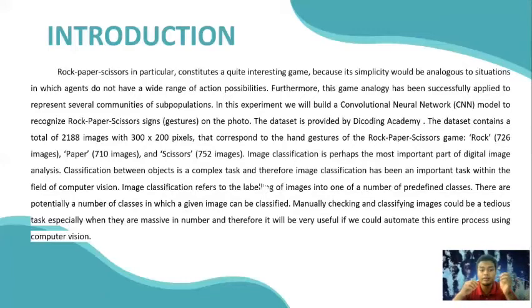There are potentially a number of classes in which a given image can be classified. Normally, checking and classifying images can be a tedious task, especially when there are mistakes in the numbers, and therefore it would be very useful if we could automate this entry process using computer vision.